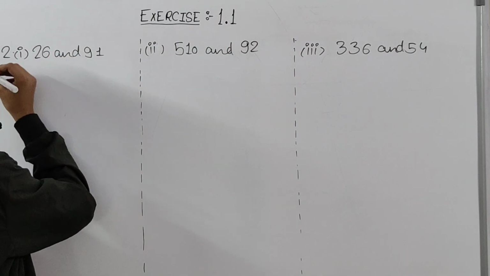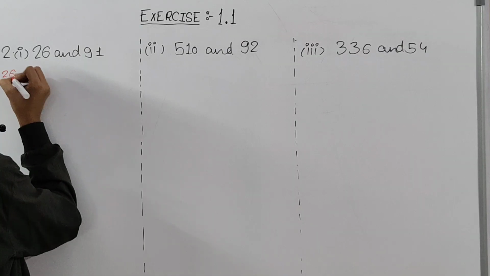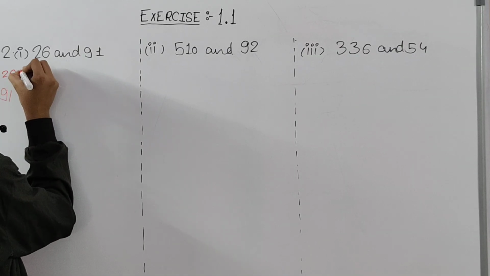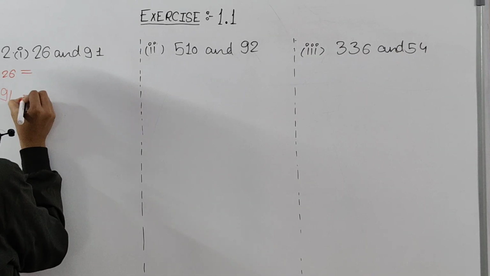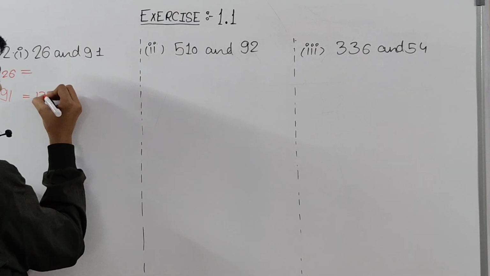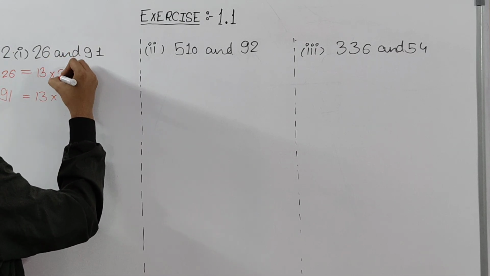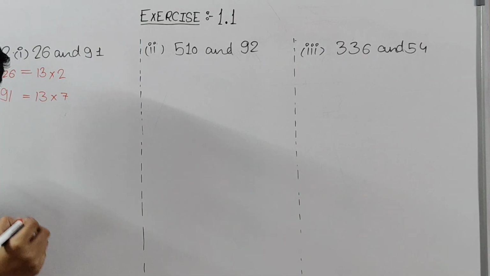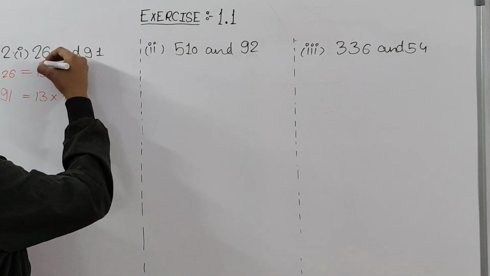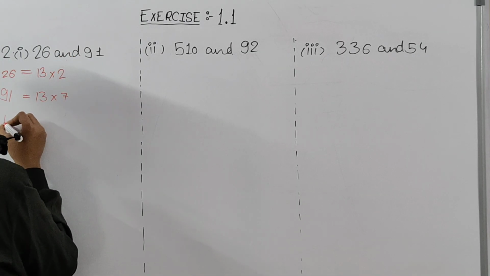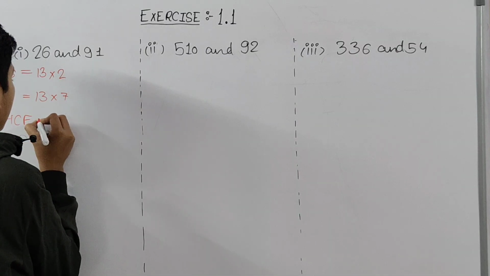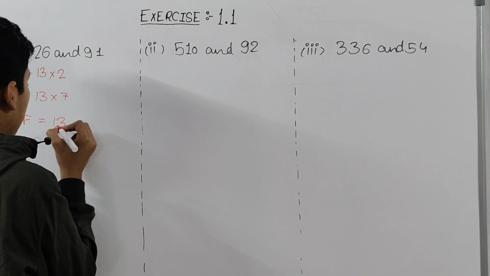So the prime factors of 26 and 91 are 13 into 7, 13 into 2. So HCF will be this one, meaning the common factor. HCF is equal to 13.